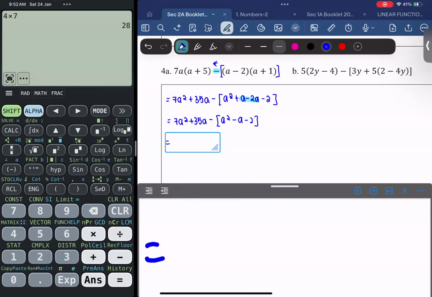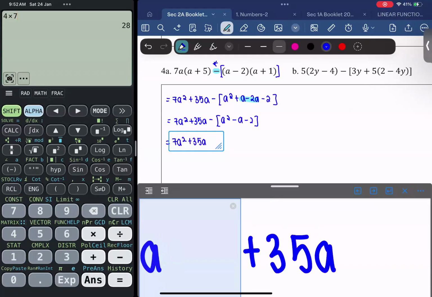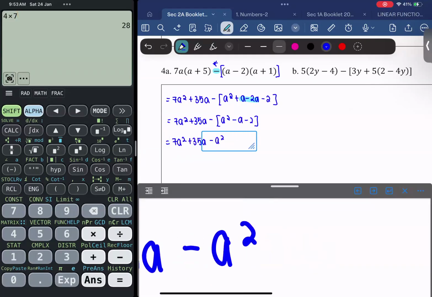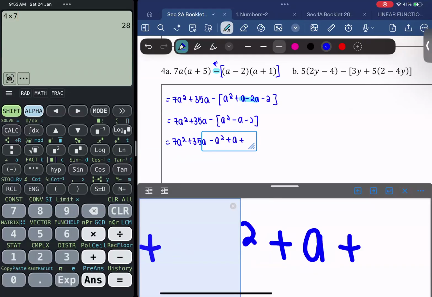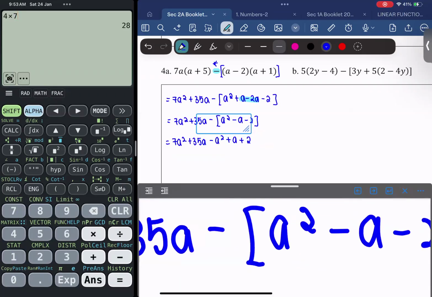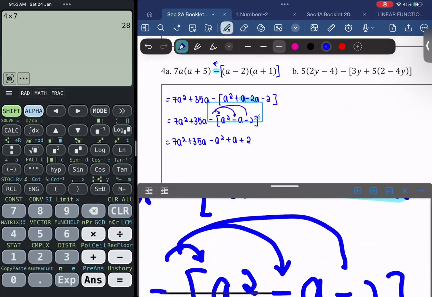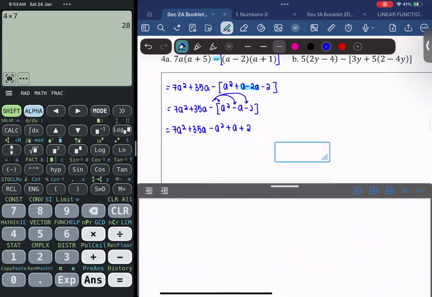Then we're going to expand in the bracket, expand in the negative. So we have 7a squared plus 35a, open up the bracket, negative a squared plus a plus 2. When you expand in the negative, remember negative and negative is positive, right? This one is negative, positive, positive.